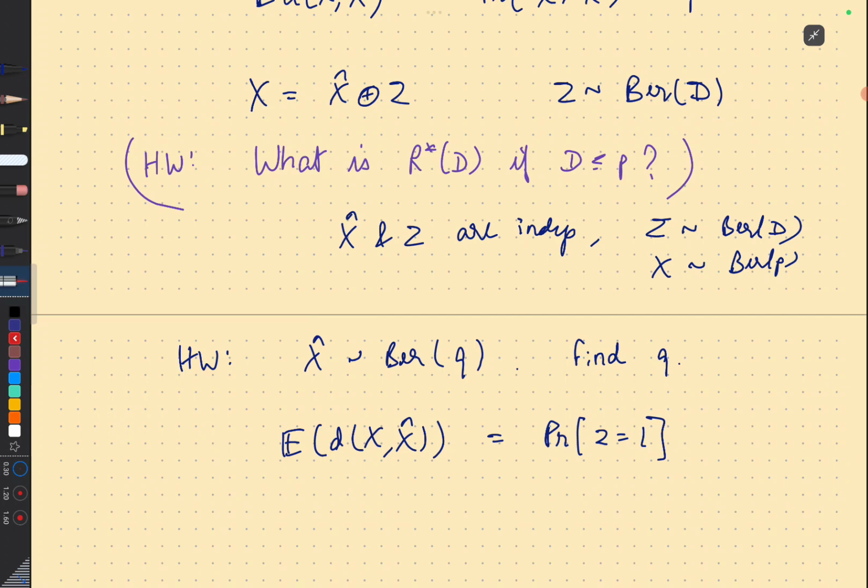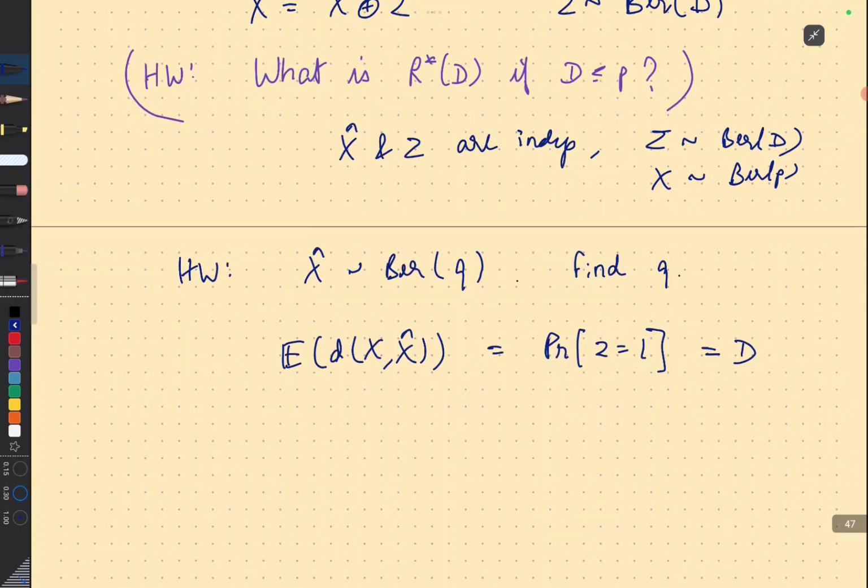What is the probability of z equal to 1? It's d, right? So great, this satisfies the constraint of our rate distortion function, right?